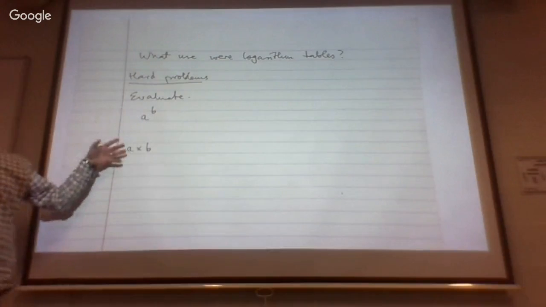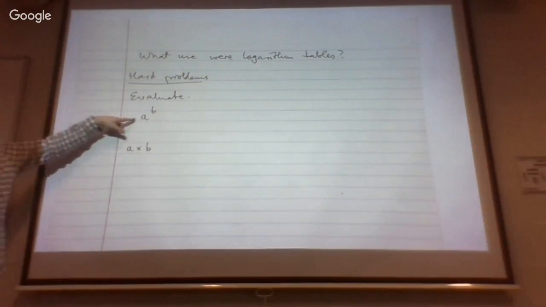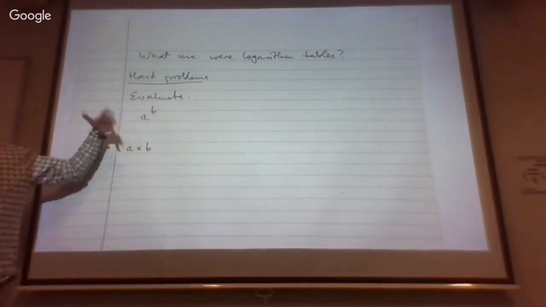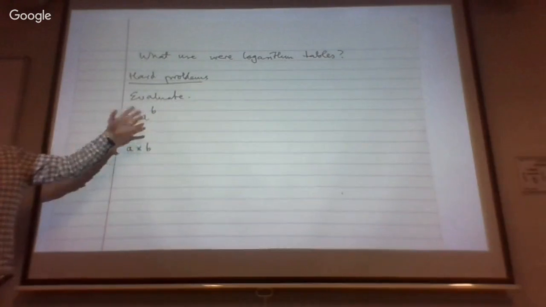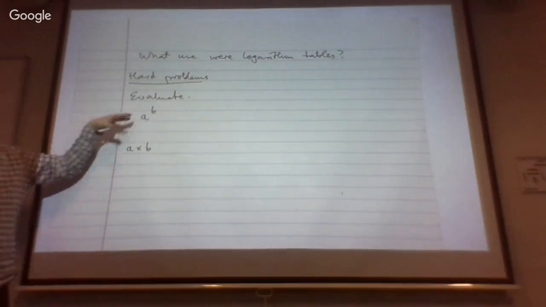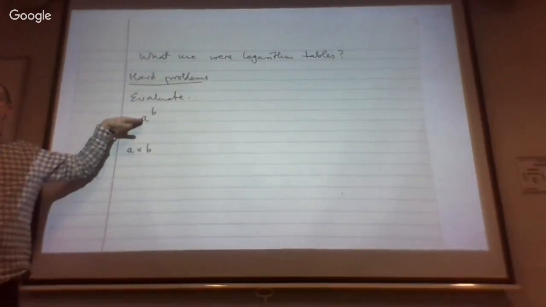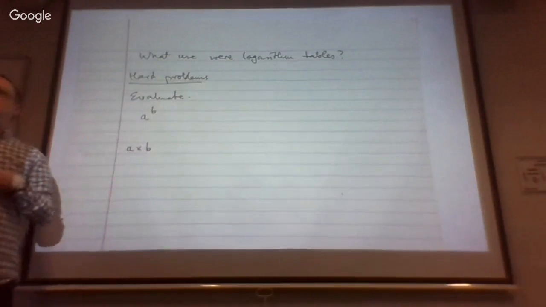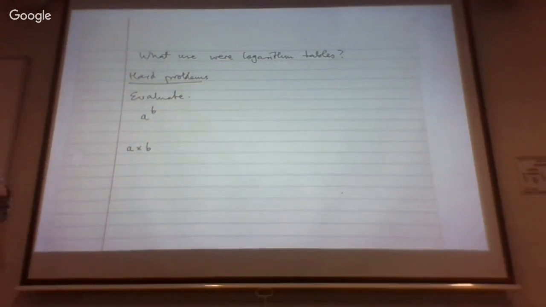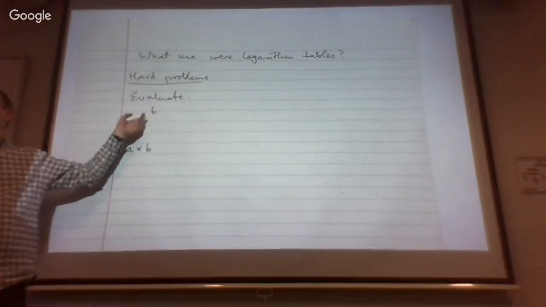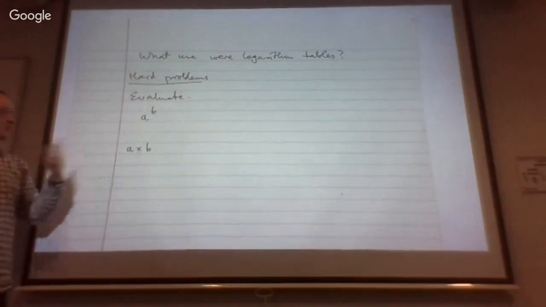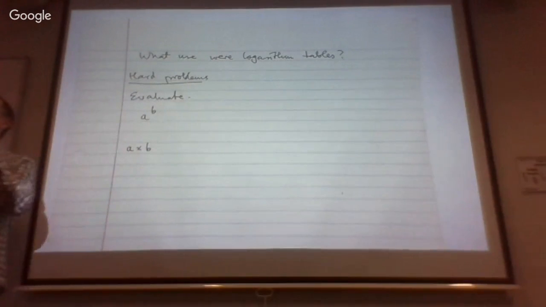Okay. What's so hard about that? Well, if a and b are not integers, if they're complicated numbers, if they're fractions with large denominators, or decimal numbers with a few decimal places, then raising two of those numbers to a power of each other or multiplying them is hard. Remember, if you don't have calculators or computers.